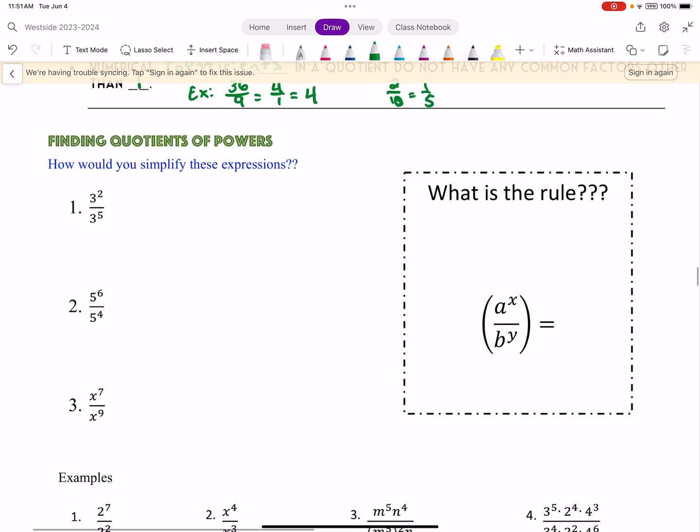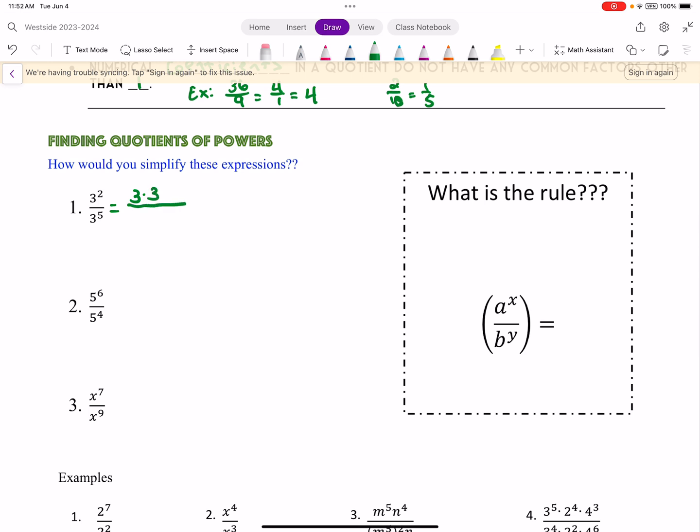So when we're finding quotients of powers, so we have a fraction that has powers on top and bottom, or one or the other, the first thing we're going to do is expand out these expressions. If I have 3 squared, that's going to be 3 times 3.